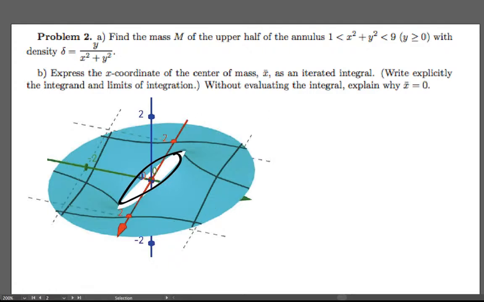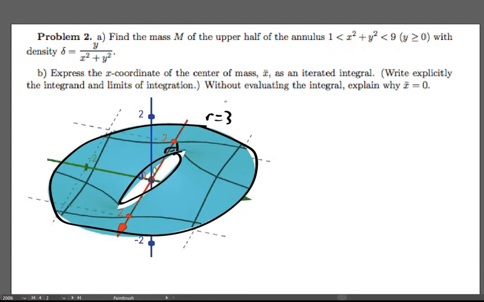So let me just retrace that. There you go. This is the circle with radius 1, and this is a circle with radius 3. By the way, it says that you want to take the upper half of the annulus.